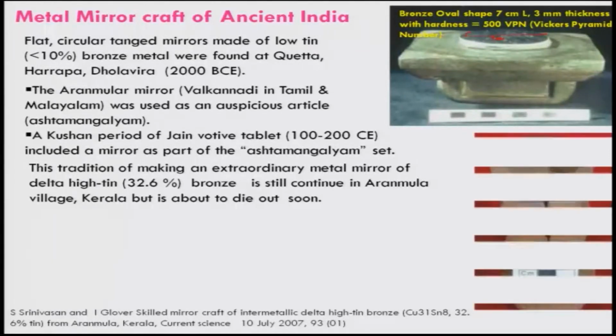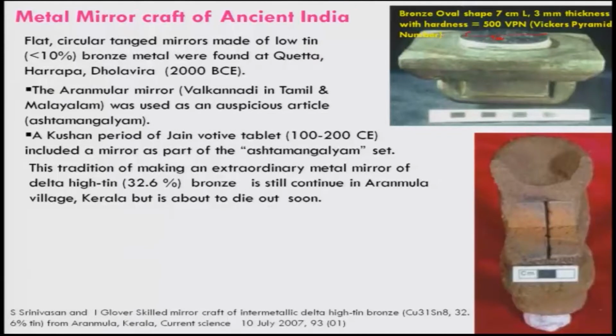And of course, it has been described how they made it, which I will not be discussing due to paucity of time. They have used basically a crucible cum mold. The mold will be here, and the upper portion is the crucible. They will be melting it here and pouring it.